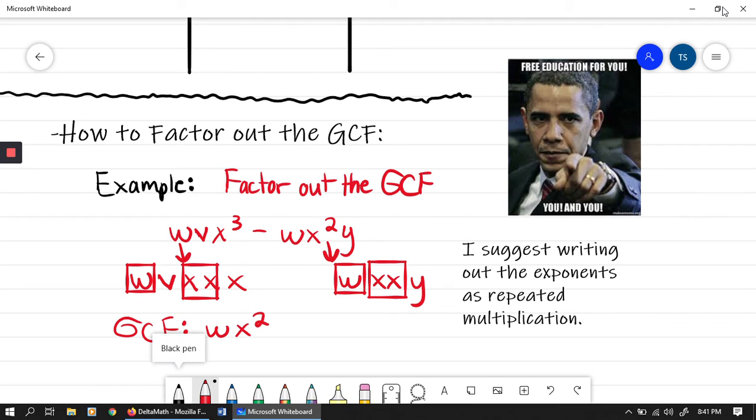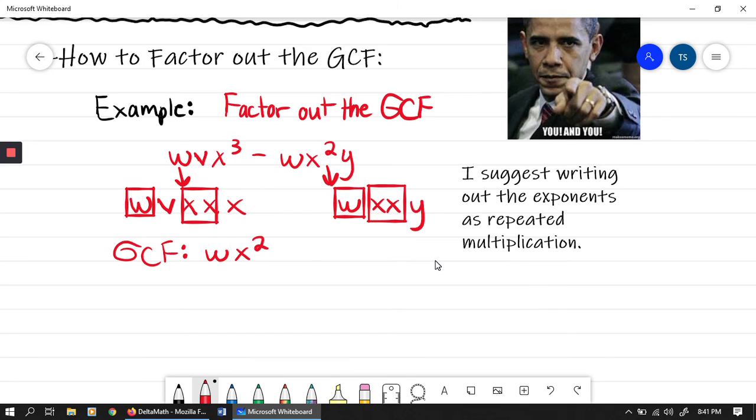So again, that is our GCF. But if we're going to factor out that GCF, we're going to need to write it out like this: W X squared times something, right? So in other words, what is left over when we factor out the W X squared?